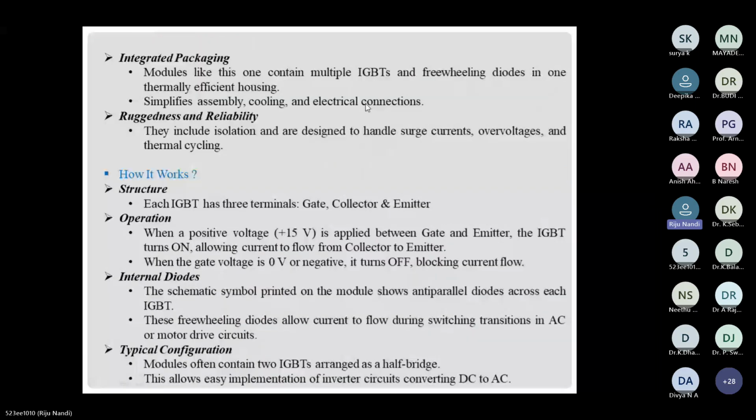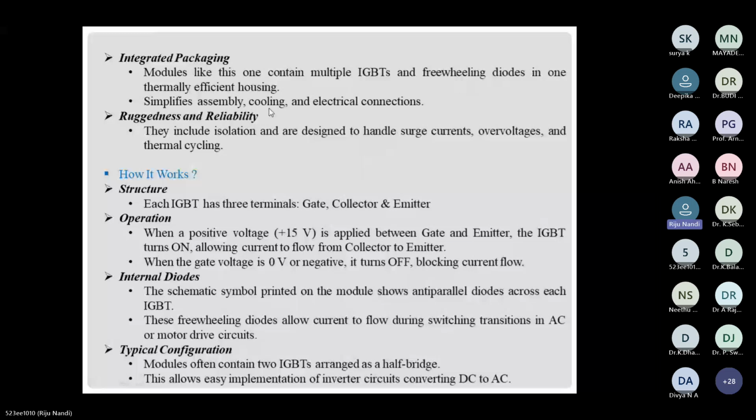Some IGBT modules have three or four IGBTs. The Semikron IGBT module I have used has only two IGBT switches and two freewheeling diodes in one thermally efficient housing. This simplifies assembly, cooling and electrical connection.